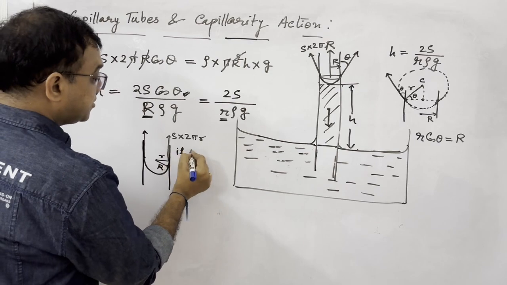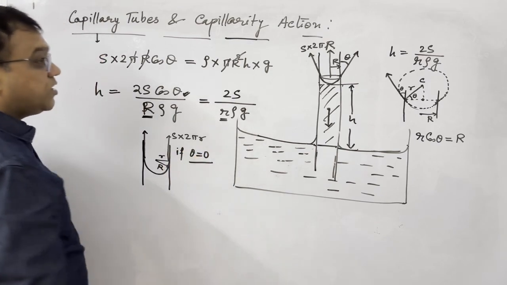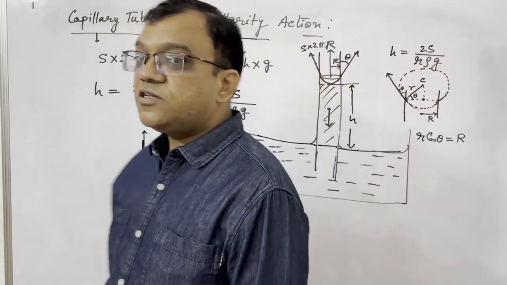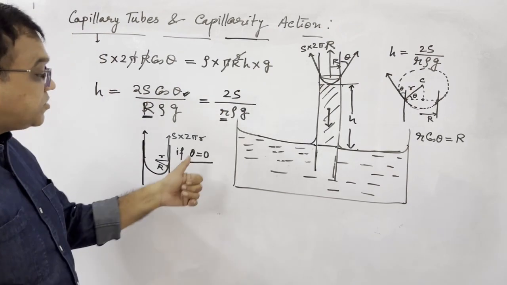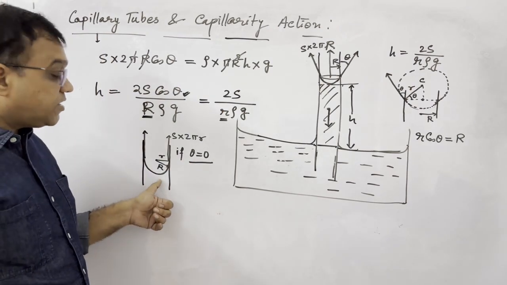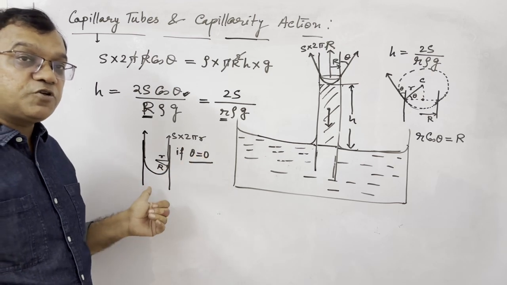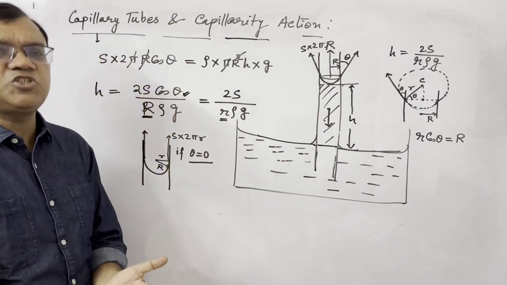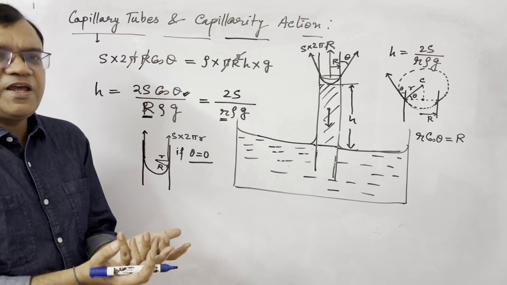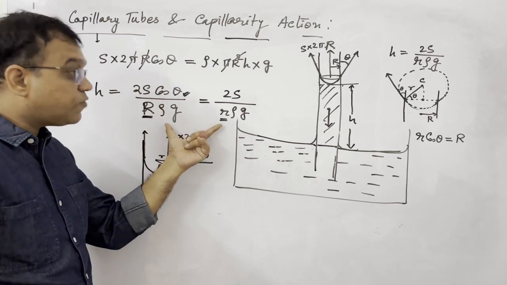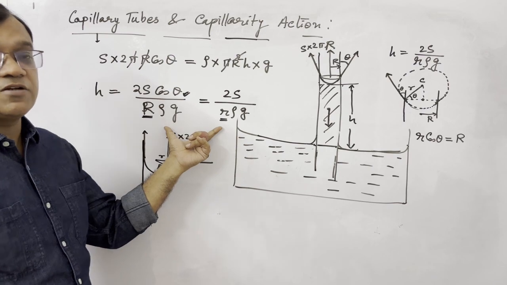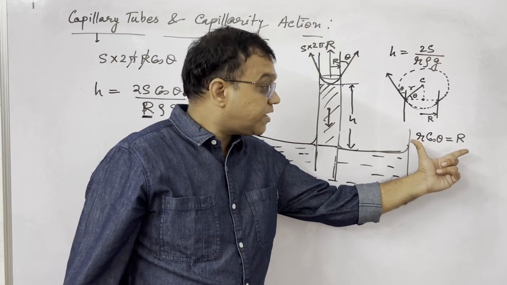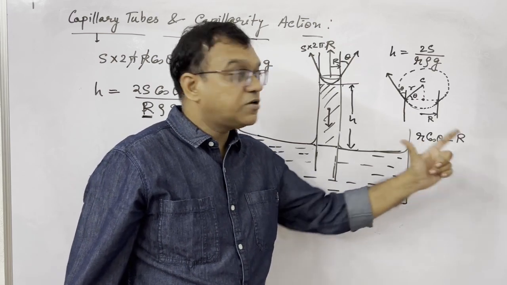If contact angle is 0, in many questions they won't give any information about the contact angle, then in such default cases we take theta equal to 0 only. And in this case, as radius of meniscus and radius of tube are equal, that's why we use this formula. We people don't pay attention to that part. But it is one of the most important points in this part, that radius of meniscus and radius of tube are different and they are related in this particular way.